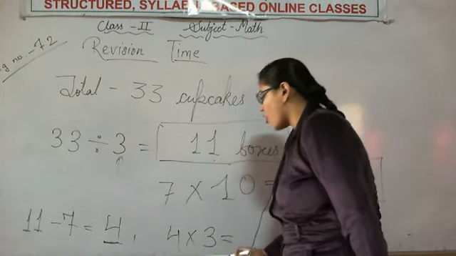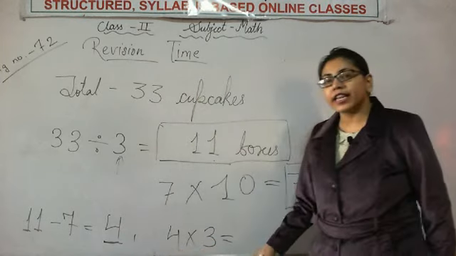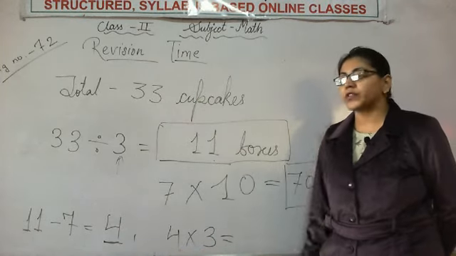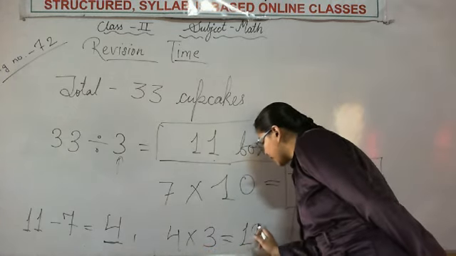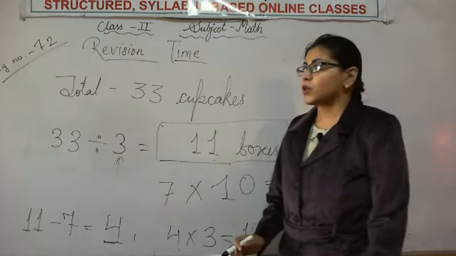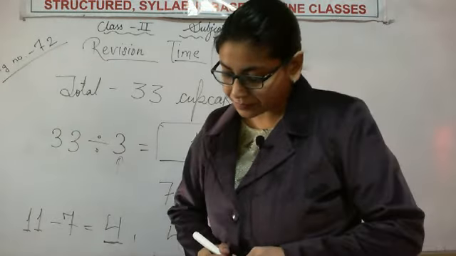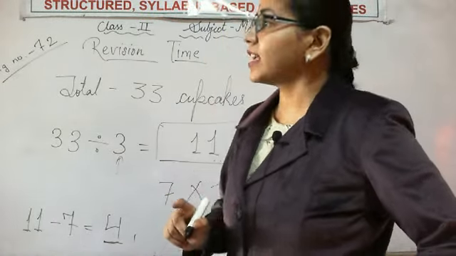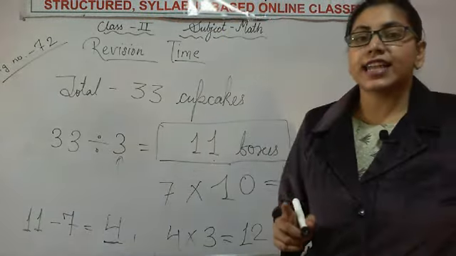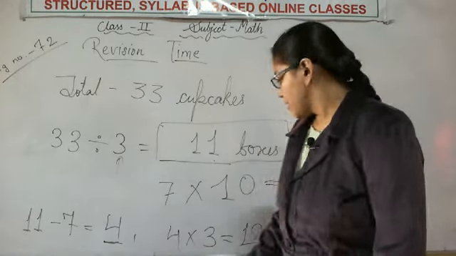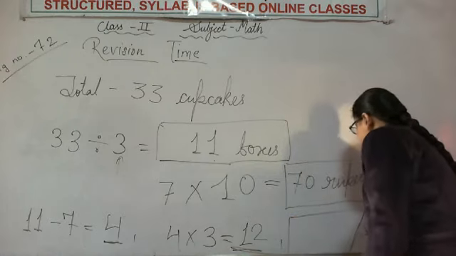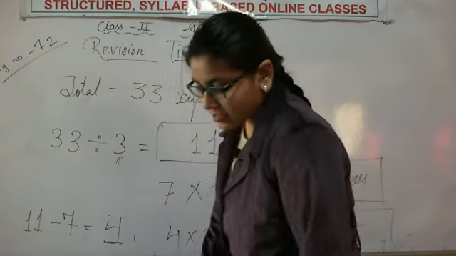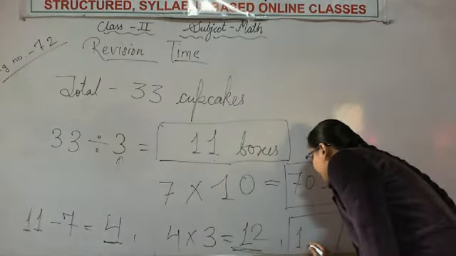So in 4 boxes, 4 into 3 cupcakes would be there. 4 3s are 12, means 12 cupcakes are left. And each friend is getting 1 cupcake. Means he has 12 friends. So the answer for the last blank is 12 friends.